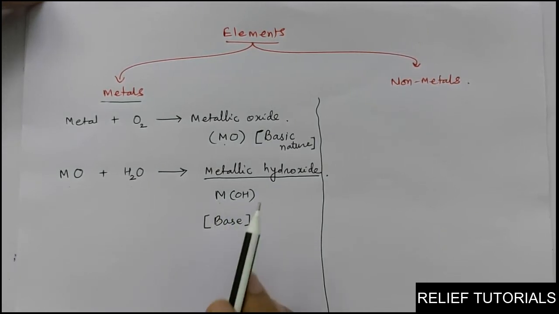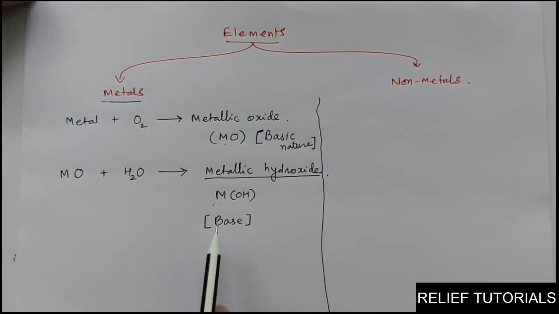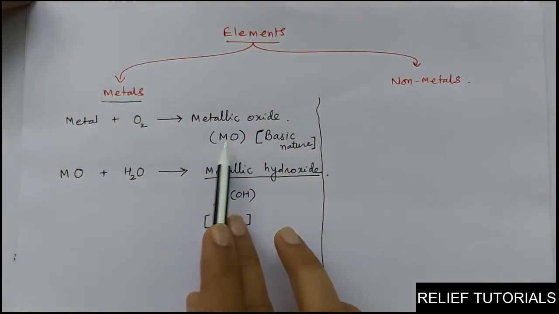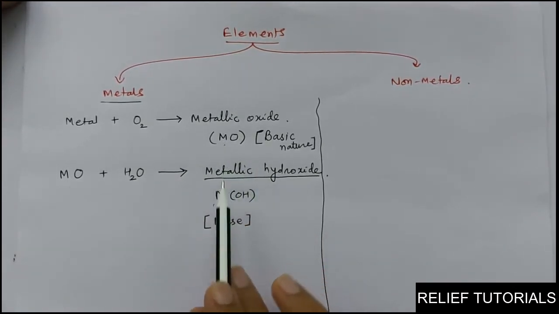There are some exceptions also, but we are not going to discuss those right now. Wherever you see metallic oxides, they are basic in nature. They are not bases, but basic in nature.